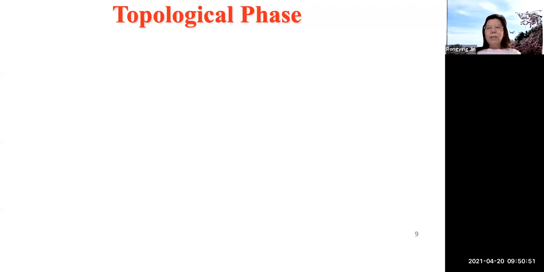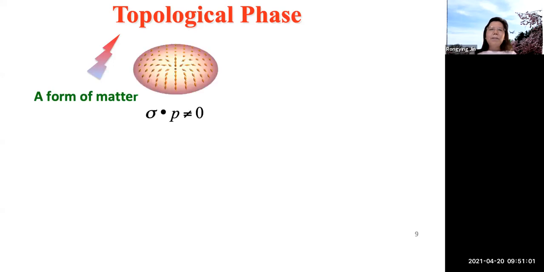So I would like to briefly say the topological phase is basically one form of matter. If you are familiar with the Dirac Hamiltonian, in one term it includes the spin matrix dot product with momentum. What happens when the topology plays a role is this term would no longer be zero. And that's how it comes into play with every physical property.